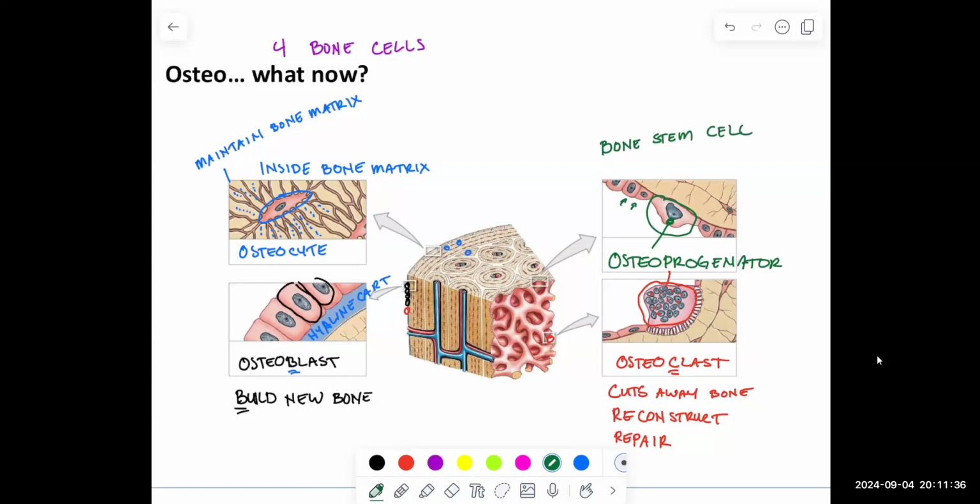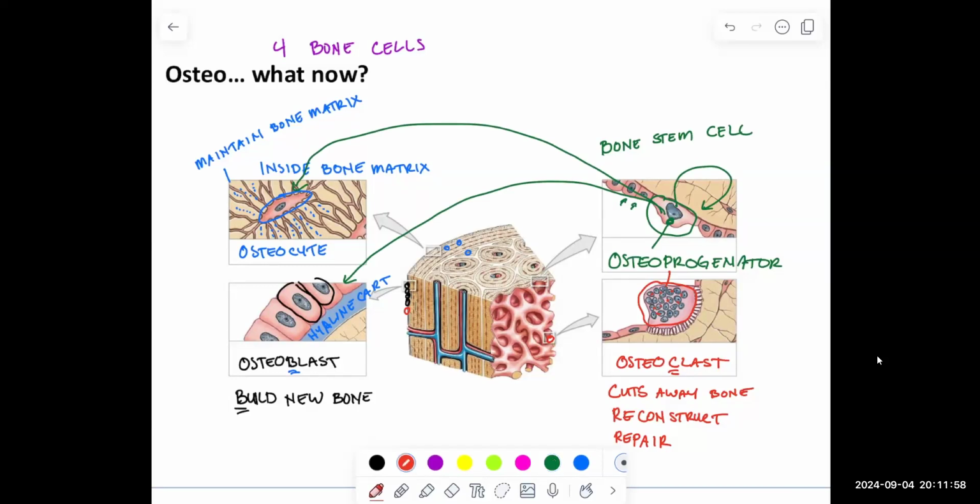What does that mean? That means that cell can become that cell. That cell can become that cell. That osteoprogenitor can make more of itself. It's a stem cell.